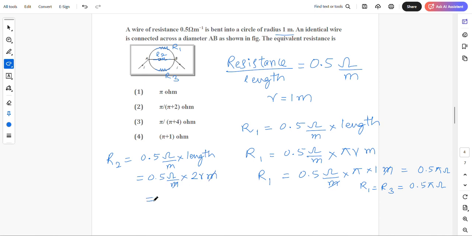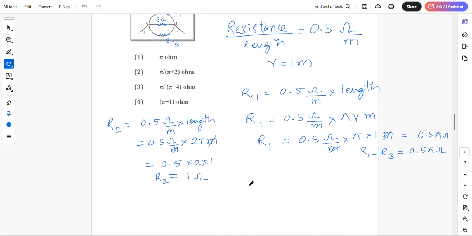Meter gets cancelled. That is equal to 0.5 into 2 into radius 1, that is equal to 1 ohm. R2 is equal to 1 ohm.